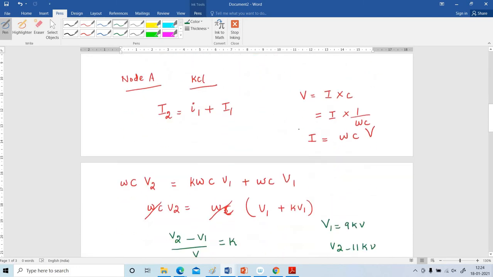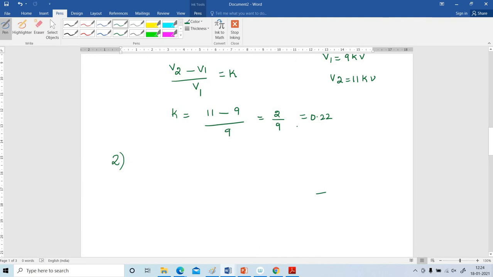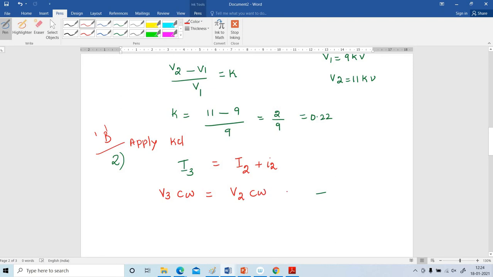Okay, how to write this? I am going to write the equation capital I3. So here, with respect to a node B, apply KCL. I3 equal to capital I2 plus small I2. So what is I3? I3 is V3 into C omega. I2 is V2 into C omega.